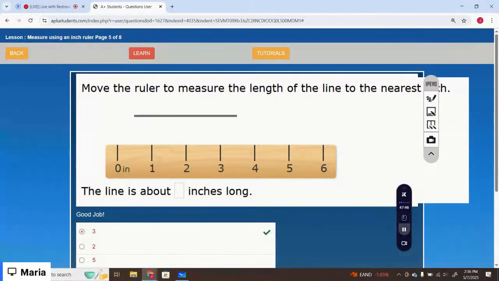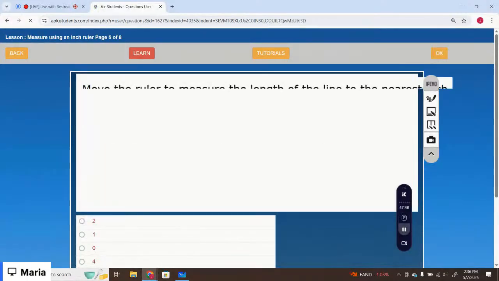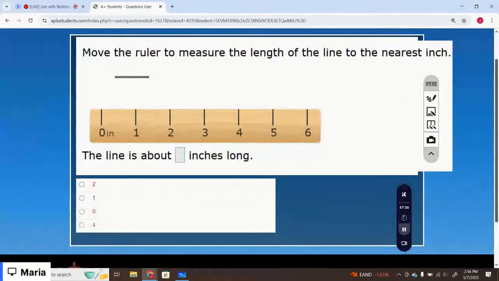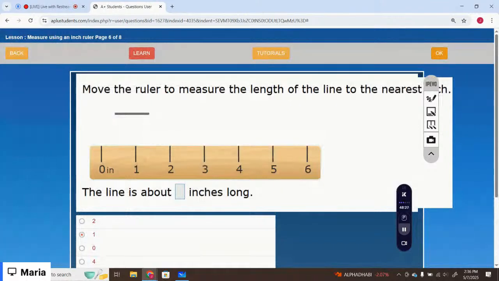Option number one is the correct option. Move the ruler to measure the length. That is 1 inch long. The correct option is one. Option number three is the correct option.